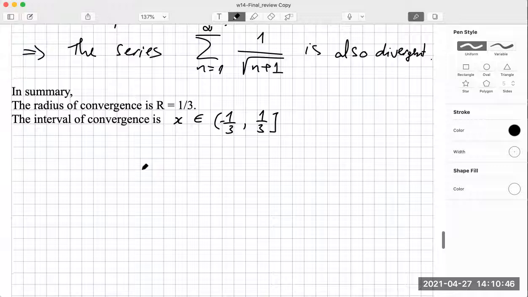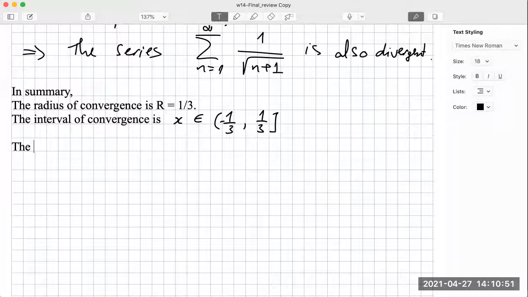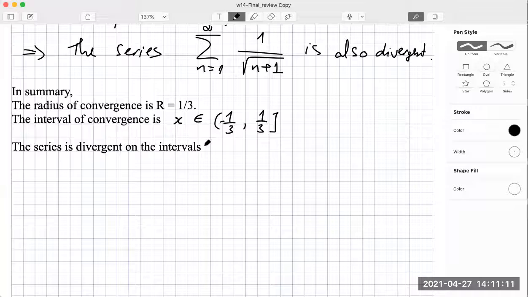Okay, and the series is divergent on the intervals negative infinity to negative 1/3 and 1/3 to infinity. That's it.